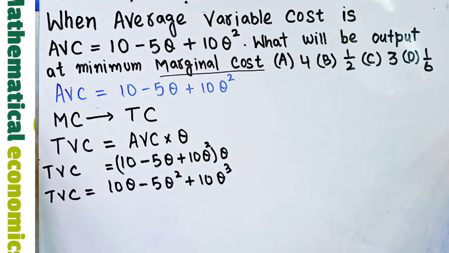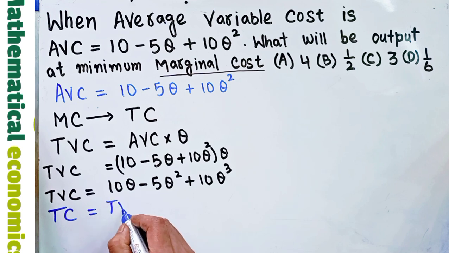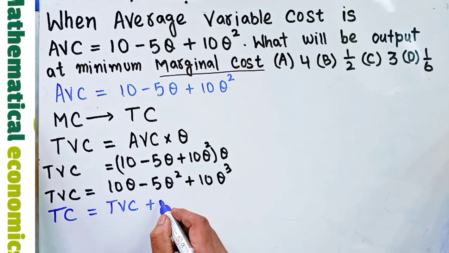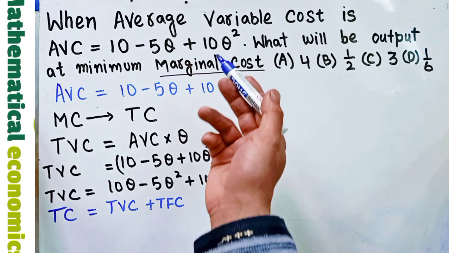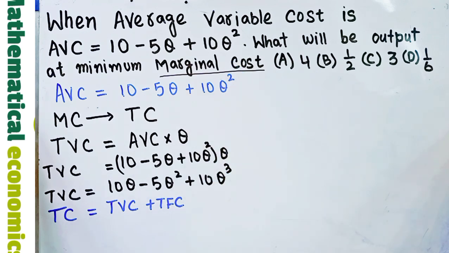Now what is the total cost then? Total cost is actually the aggregate of total variable cost plus total fixed cost. We assume any number, any constant, as total fixed cost, because total fixed cost is not given here.